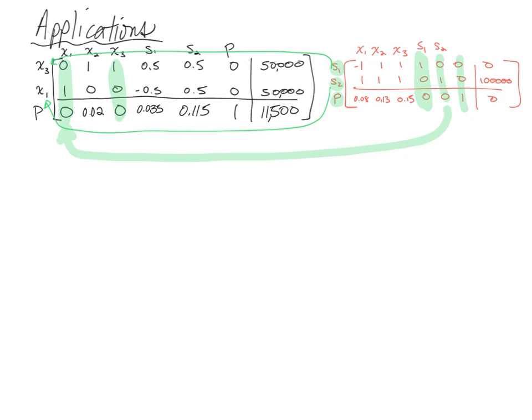And the reason I bring all of this back up here, why this is x sub 3, why this is x sub 1, is that this last column is going to tell us the final answer. What this last column tells us is that x sub 3 will equal $50,000, and x sub 1 will be $50,000.